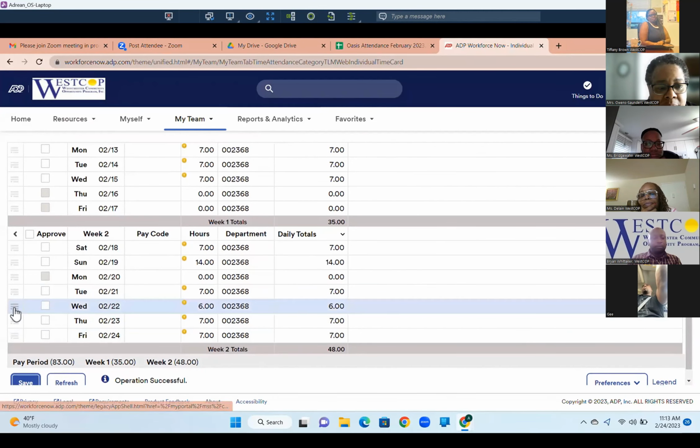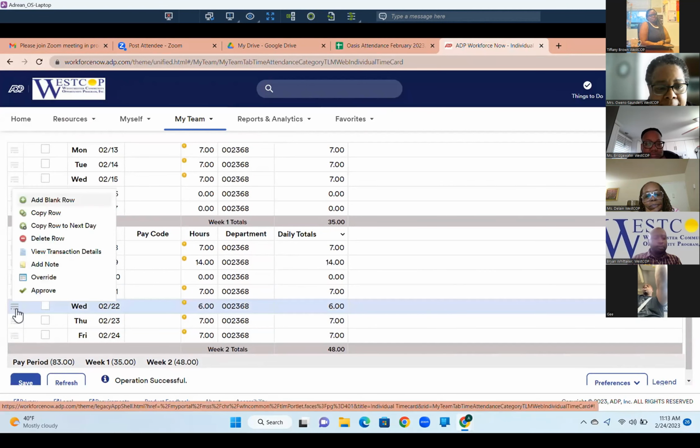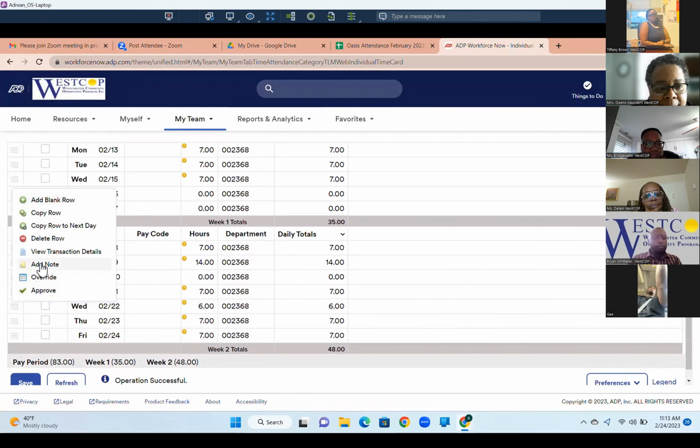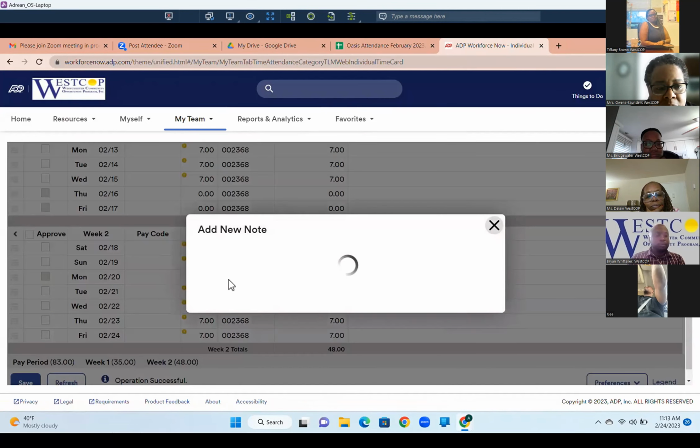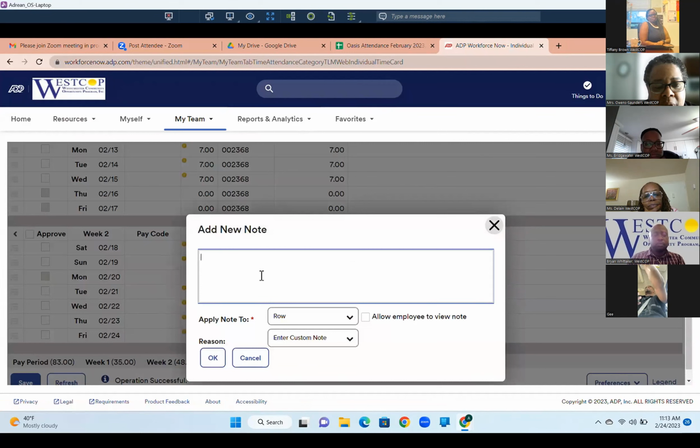So once you took it down, you're going to put a note, and this is what you need to go back and do on Terrell Roberts. Hit left click, write add note, and you're going to write exactly what happened. Staff.